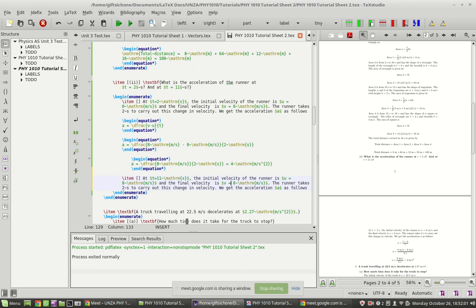And how much is the final velocity? 4 meters per second. In this leg of the journey, the initial velocity is 8 meters per second, the final velocity is 4 meters per second, and it takes the runner 2 seconds to slow down. We get the acceleration as follows, the same way.